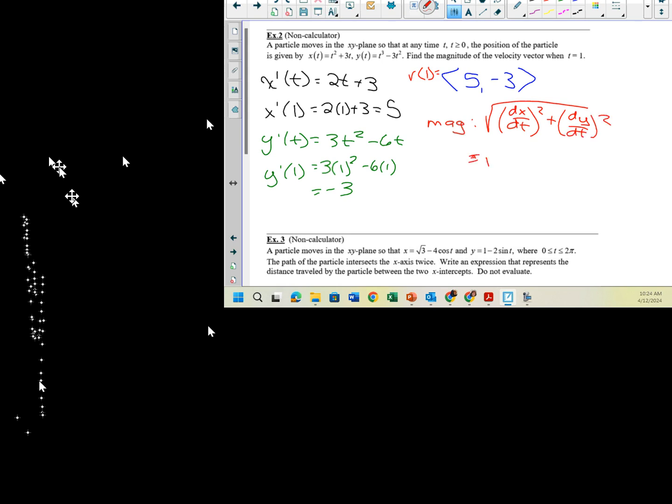In our case, dx dt equals 5, dy dt is negative 3. There's magnitude. You believe it's radical? That says it can't be radical.